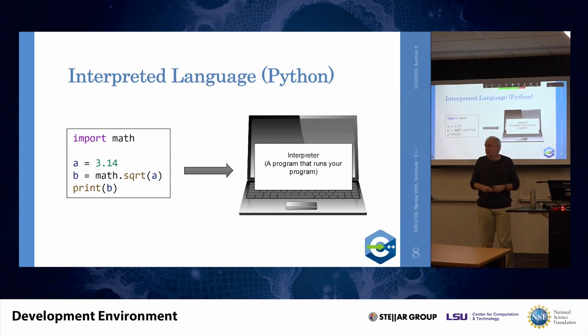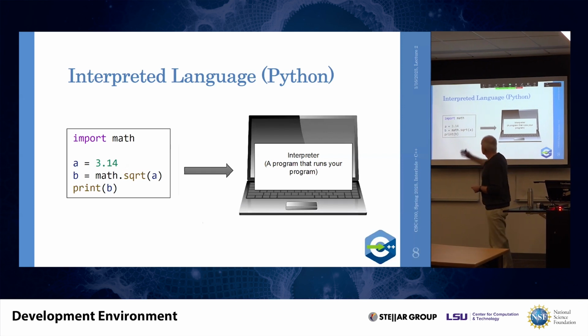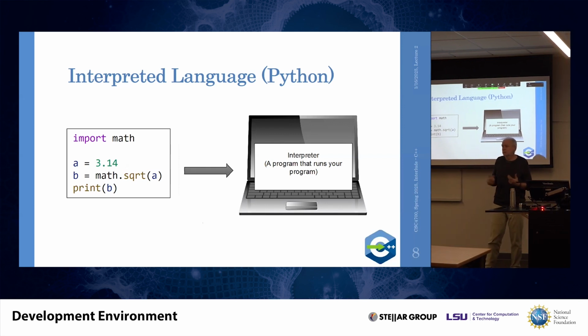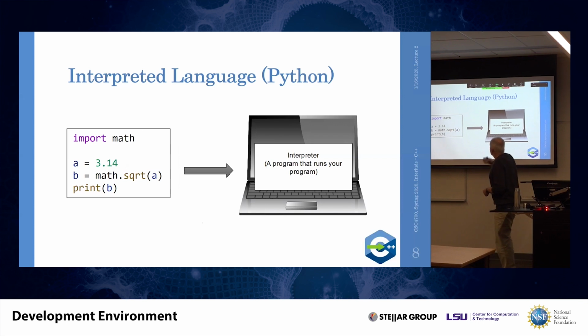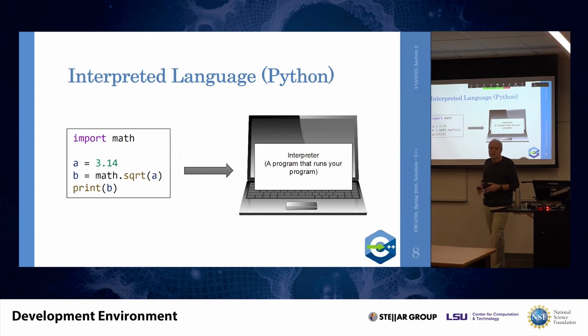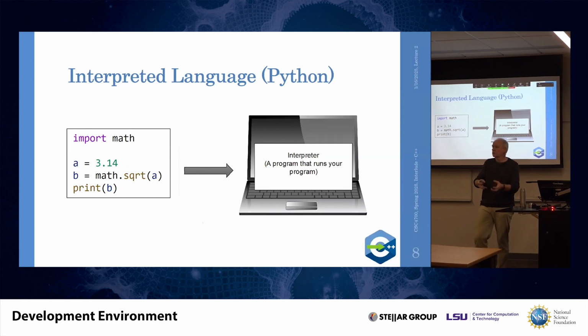If you're a Python user, you exactly know what this code does, right? It imports the math library, then it defines two variables, takes the square root of the first variable, assigns it to the next one, and prints it out. When you work with Python, you work with a so-called interpreted language. It's a language that doesn't require any additional steps to be turned into something that is doing the useful stuff.